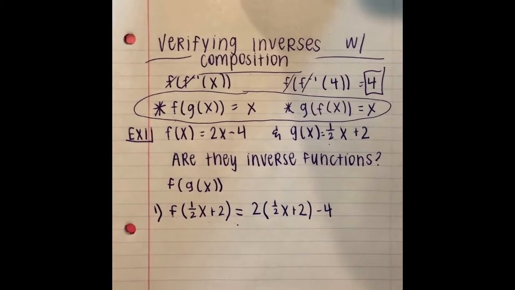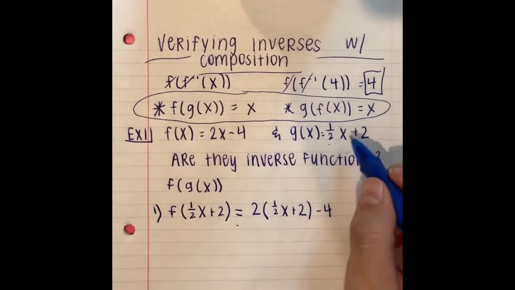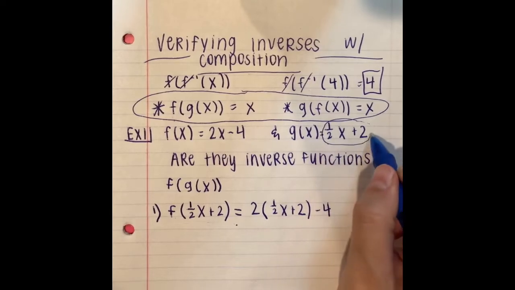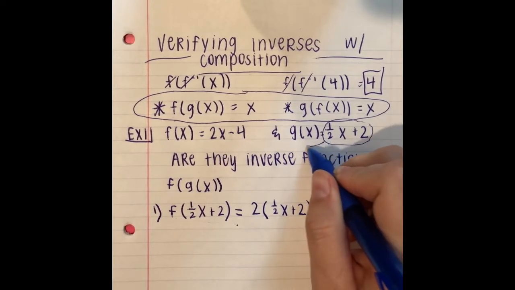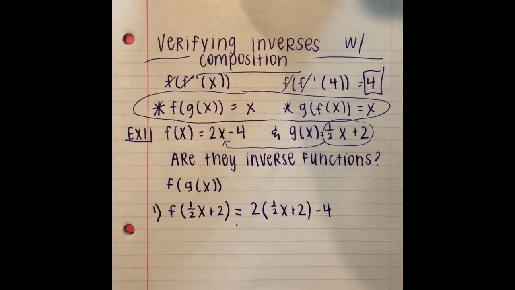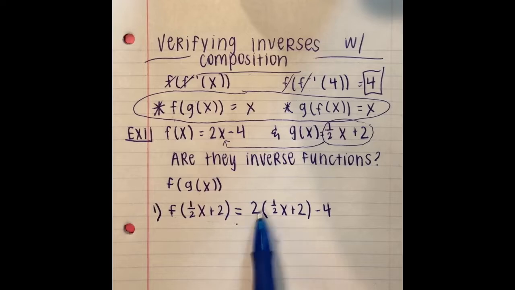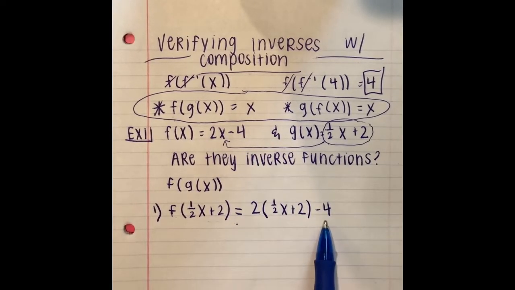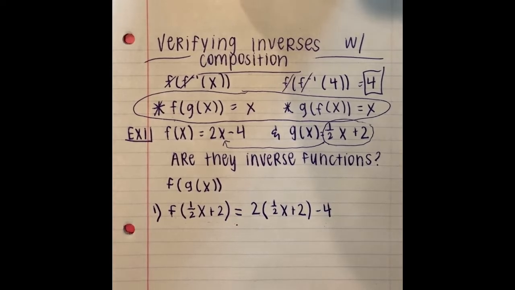So basically what we did is we took this g of x function, the 1/2 x plus 2, and we plugged it in to the x of the f function, right? So we have 2 times my g function, and then our minus 4, okay? And then we're going to simplify from there.